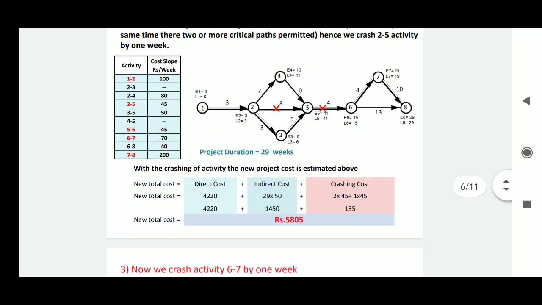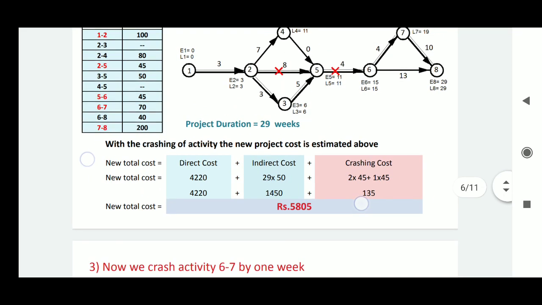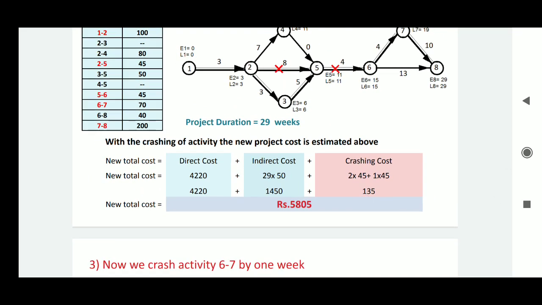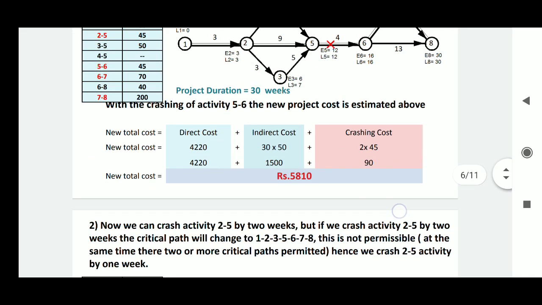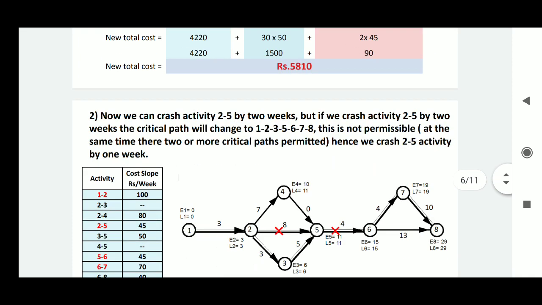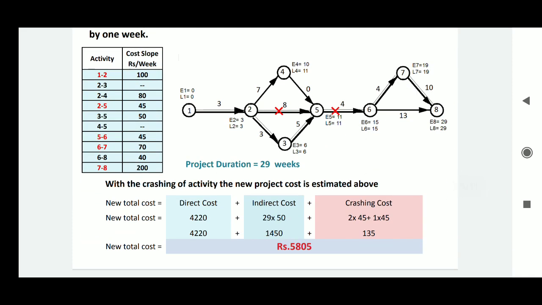The new total cost is, as you have seen, the direct cost is always the same, that is 4220. The indirect cost, as the duration is reduced to 29, is 1450, and then the crashing cost. For the crashing cost, you have to consider the cost of the previous activity, that is 2 multiplied by 45, because we have spent those resources.